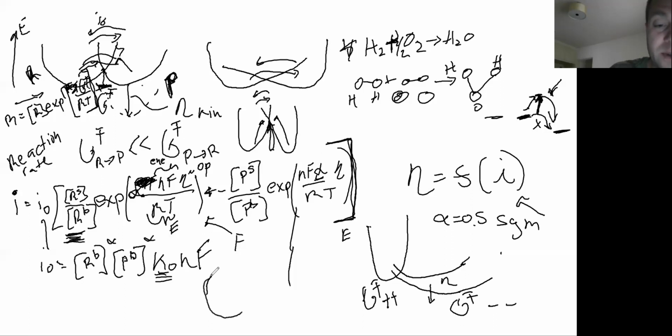So let's imagine this one's parabolic and this one's flat. If you move this down, the energy barrier for going left never changes, it's always 0. Whereas however much you move this one down by, it will change the barrier on the right-hand side. And by the way, this should be 1 minus alpha.